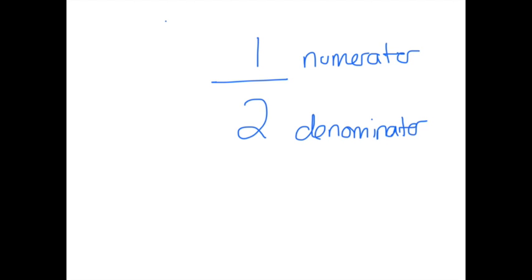Now an improper fraction is very similar, except that it looks something like this. Let me go ahead and add a thicker pen here. An improper fraction has a larger number on top. So an example of this would be 4/3. 4/3 is still a fraction, but it's an improper fraction.